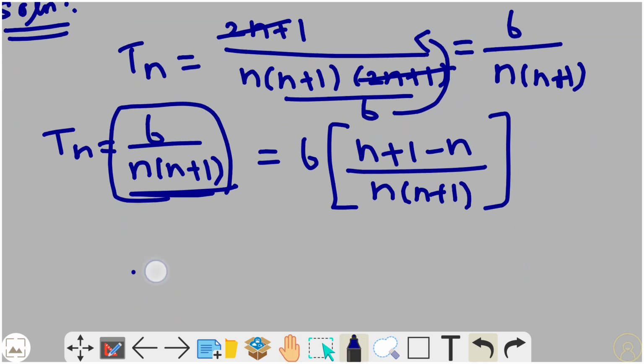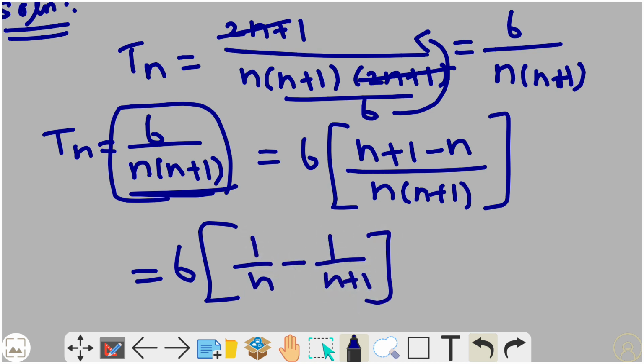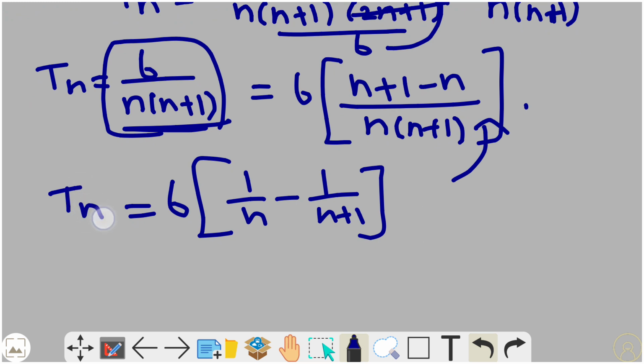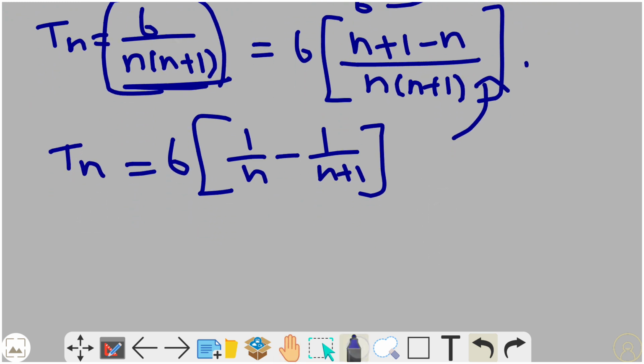Now we get 6 into 1 by n minus 1 by n plus 1. Again I am rearranging the previous term like this: 1 by n minus 1 by n plus 1. If you take the cross multiplication, you will get the above answer. Okay, so now this is Tn. So what is T1?